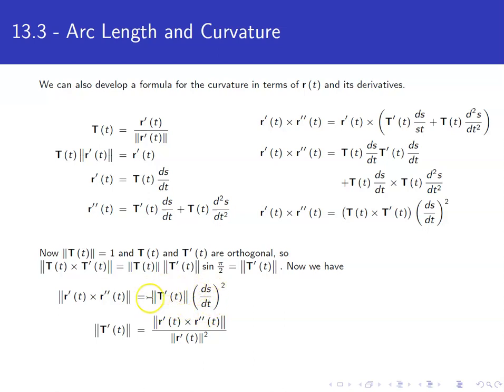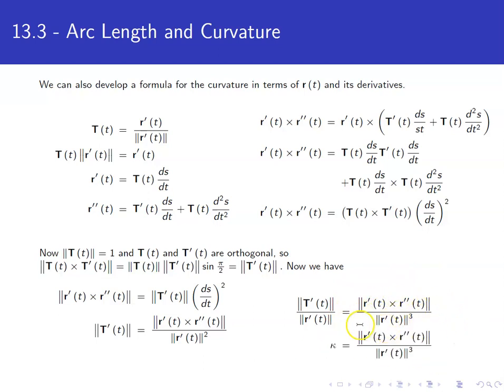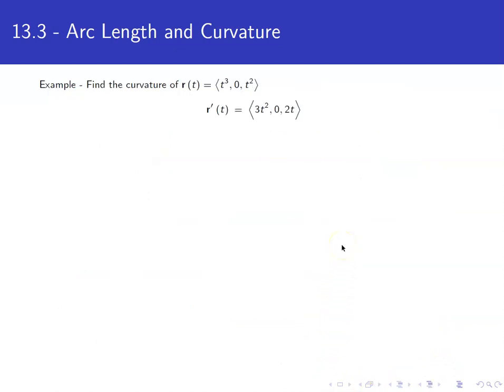So we get the magnitude of T prime of t is the magnitude of the cross product of the first and second derivatives over the magnitude of the first derivative squared. Finally, dividing both sides by the magnitude of r prime gives us this formula with the magnitude of r prime cubed. And we recognize now that the left-hand side is the curvature. That was a long way to get there, but this is the curvature formula in terms of r prime and r double prime. So let's see if we can use that for an example.